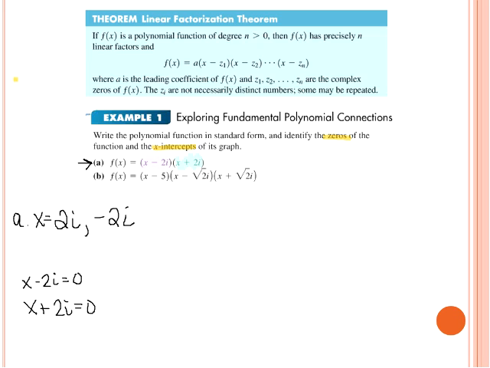Are there any x-intercepts for that polynomial? So if those are the zeros, are there any x-intercepts to the graph? There are not, no, because we don't have x equals a real value, right? So because we don't have x equaling a real value of some sort, it's not going to cross the x-axis anywhere.